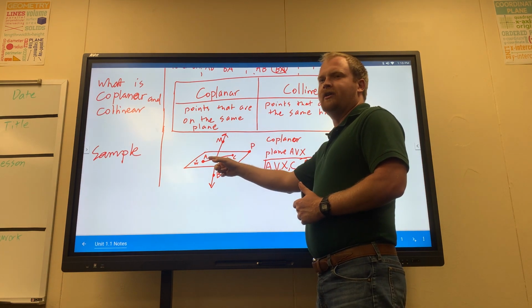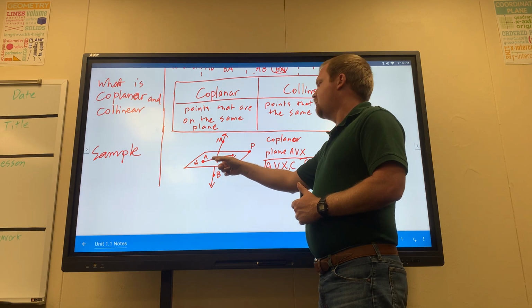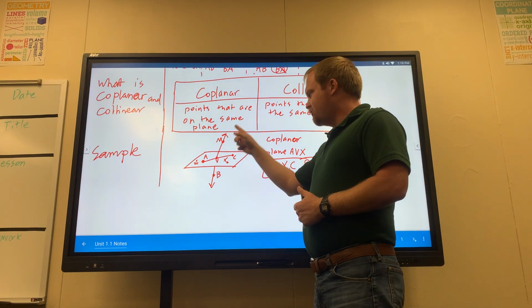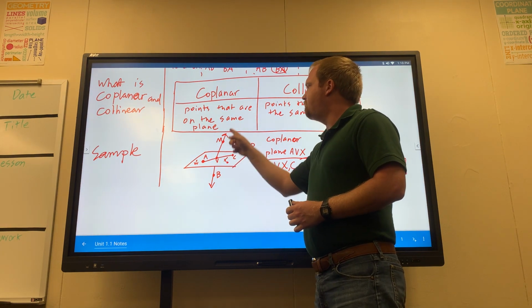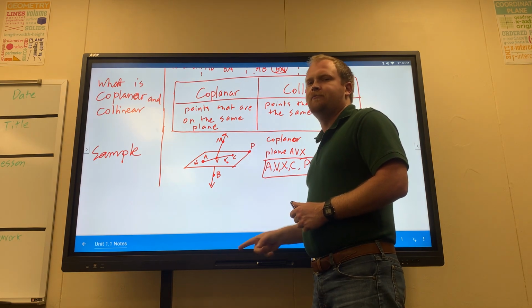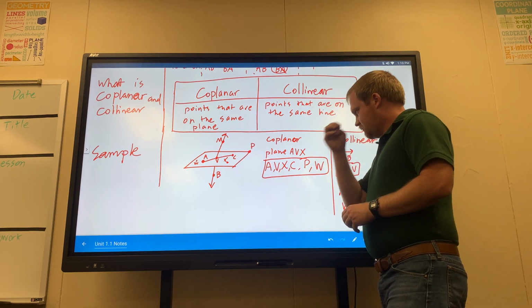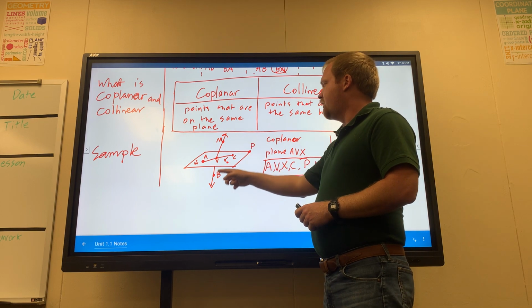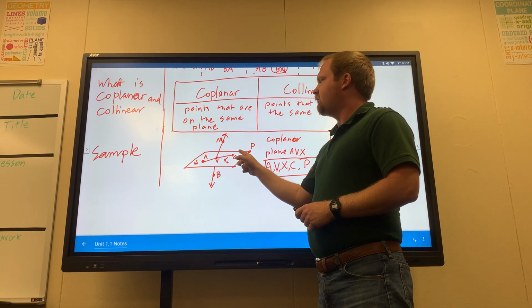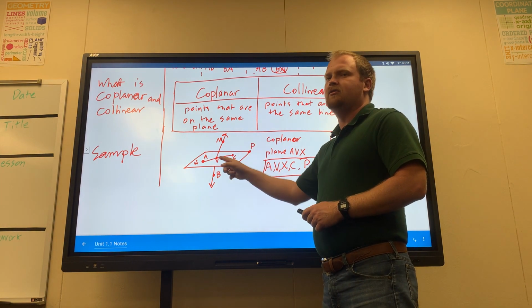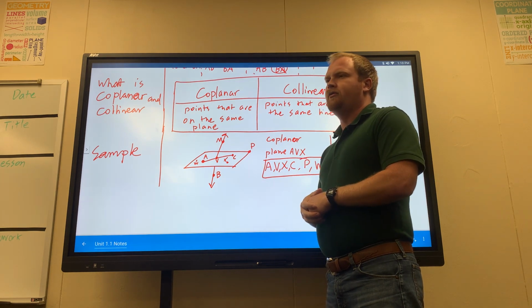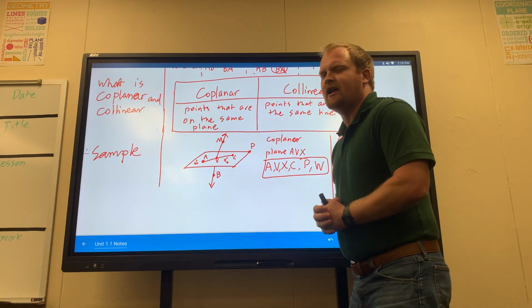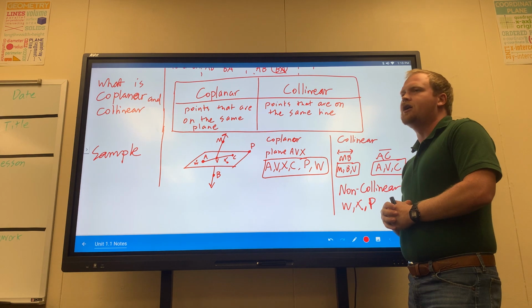You can say A. It is a segment, but you can definitely say A because it's not part of the line MB. X is not collinear to MB, but it's also not collinear to the segment AC. So it's even more obvious that X is non-collinear.